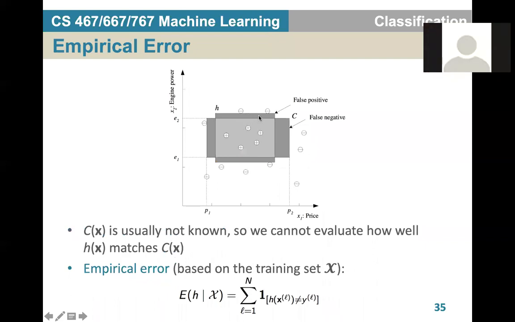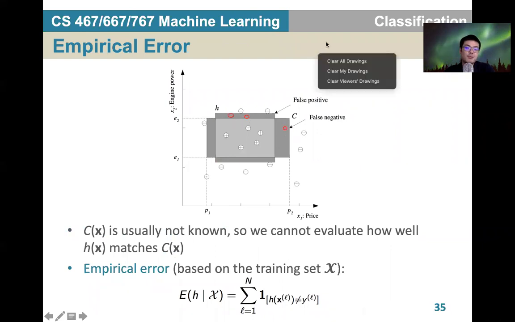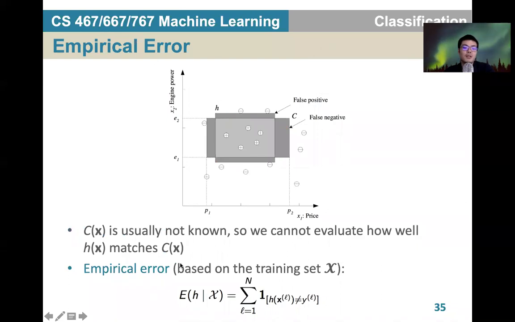You see, there are no points here. For example, if we do have a point located here, then this point becomes a false negative. Now, these two dark gray rectangles are empty, which means there's no false positive or false negative. The accuracy is 1, error is 0.